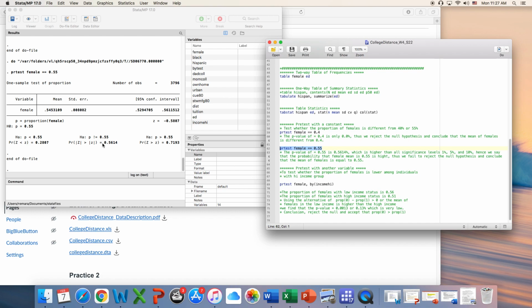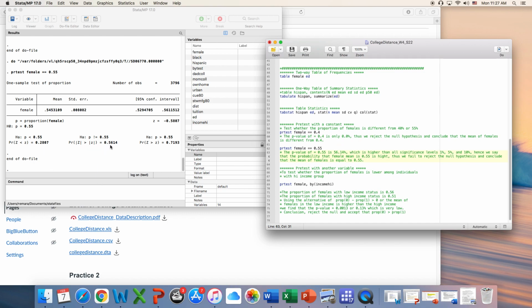So in other words, you fail to reject the null. The 56% is actually a high number. So when you go here, the p-value of the 0.55 test is 56, right?